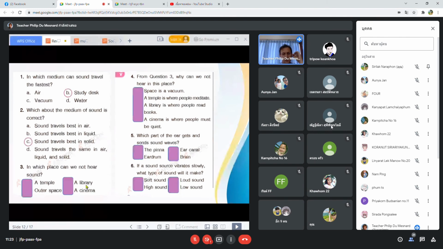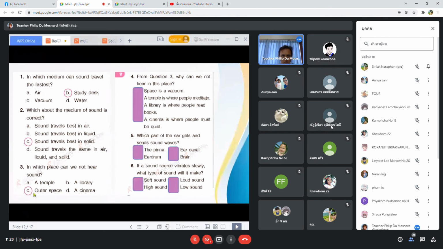Class, can sound travel in space? Yes or no? No. Good job. So where can we not hear sound? Answer is space or outer space.